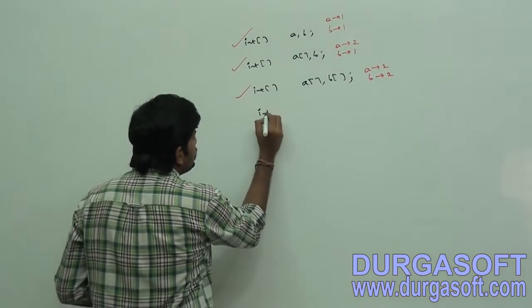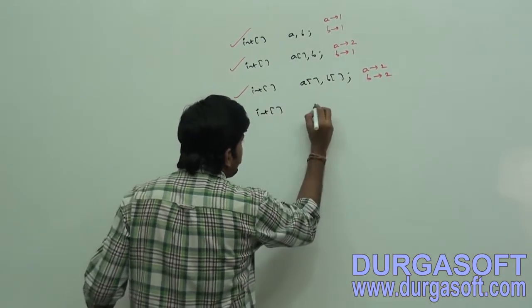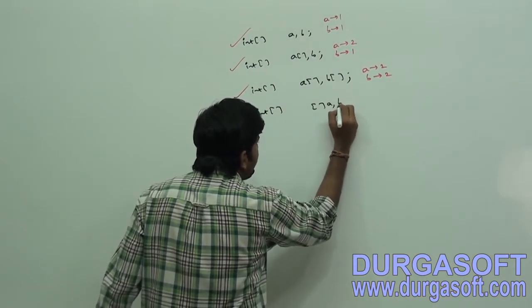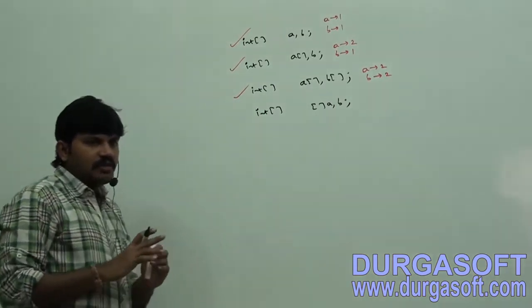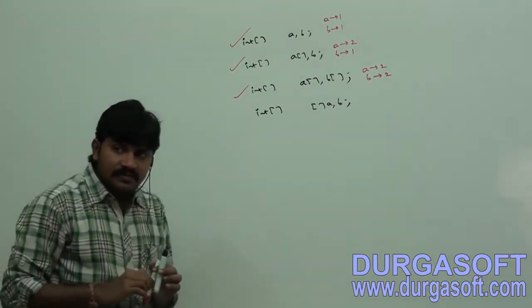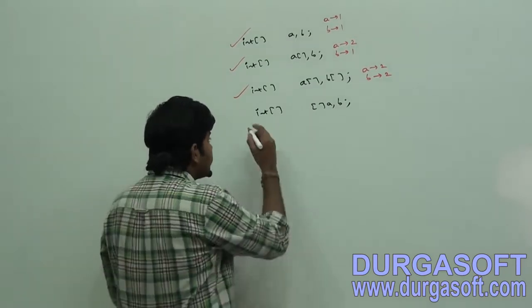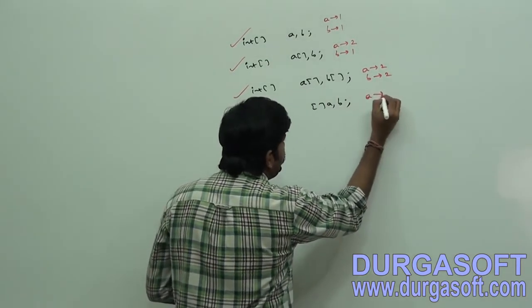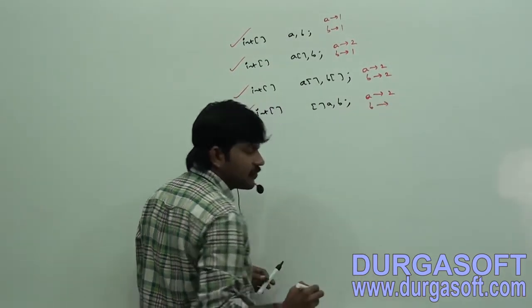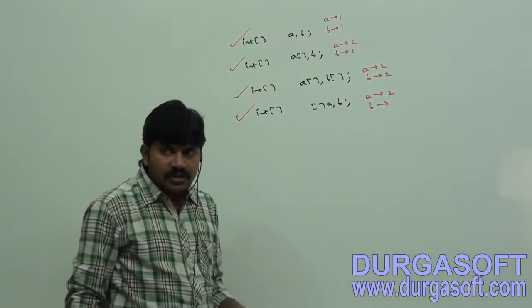Next, int array a comma b. What is a's dimension? 2. What is b's dimension?